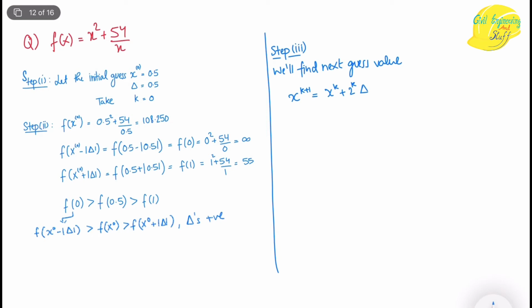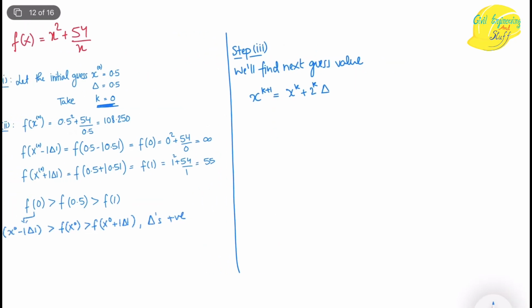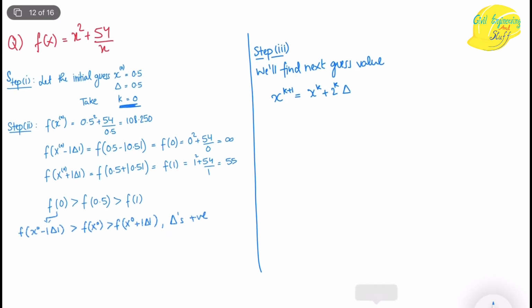In this case k was 0, so your x1 will be equal to x0 plus 2^0, and our delta is 0.5.